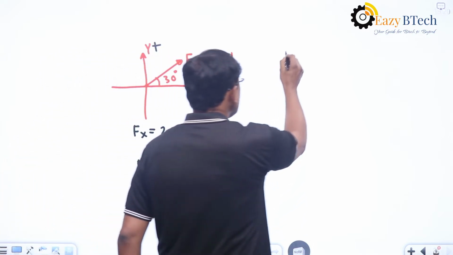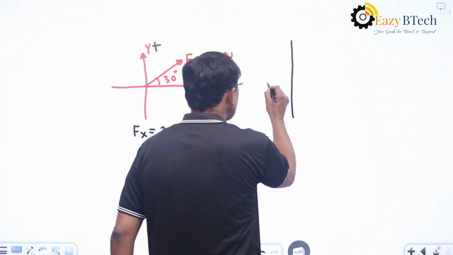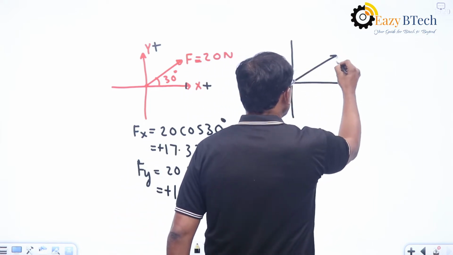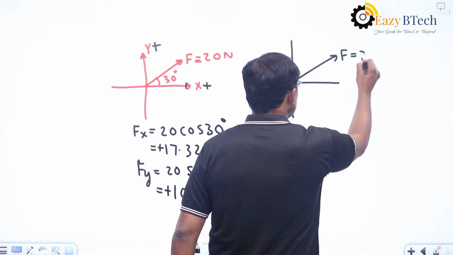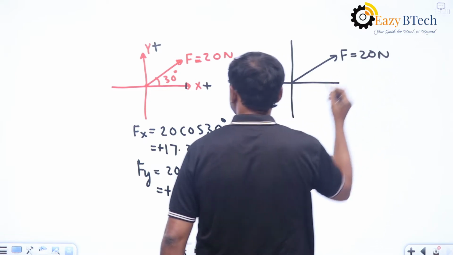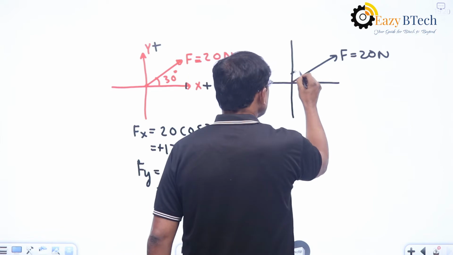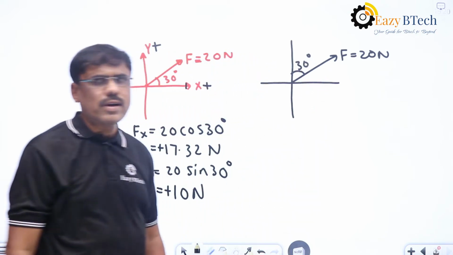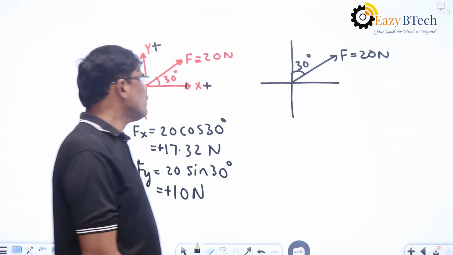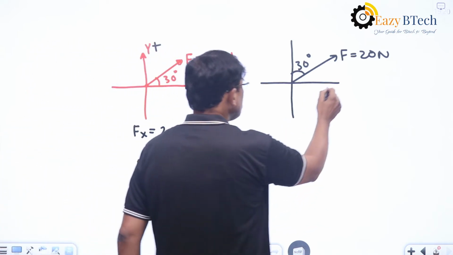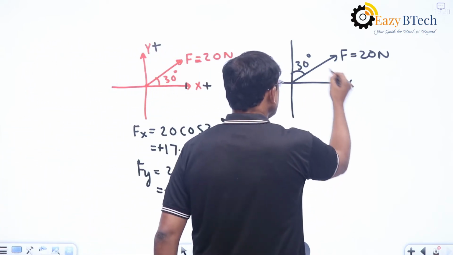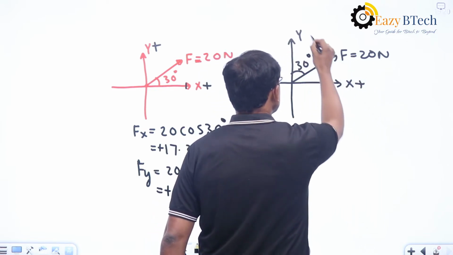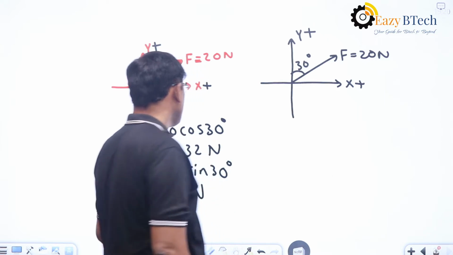And now if we consider the same thing here, F is equal to 20 newtons, and this makes an angle 30 degrees with this y-axis or vertical line here. So this is x direction and this one is y direction, and these two directions are taken as positive.